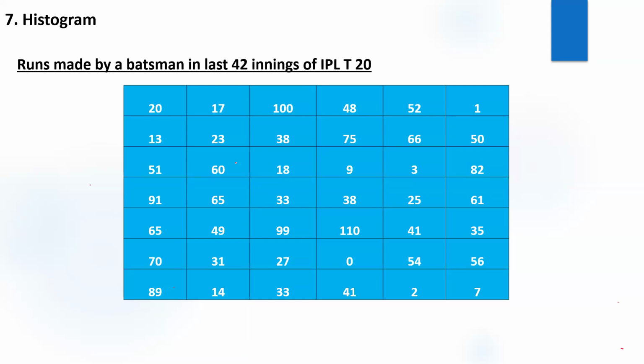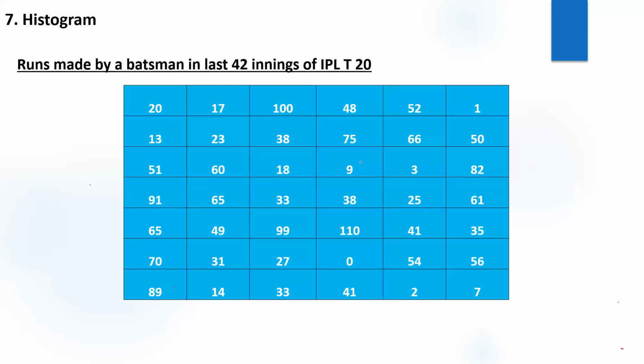What are the other inputs? Minimum, maximum, so range. Here you can identify it because there are only 42 points. Suppose there are 100 points, 100 matches of data. Then it is very difficult to identify what is the maximum, what is the lowest. And it is the runs scored in an individual match, like a bar chart. It is one match, match number 120, match number 217, match number 300.